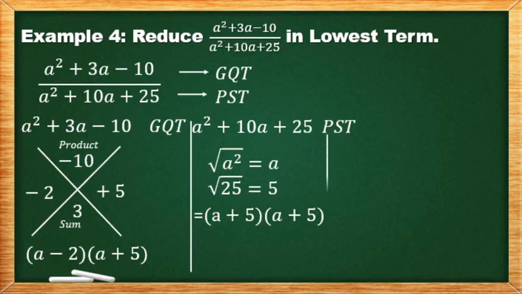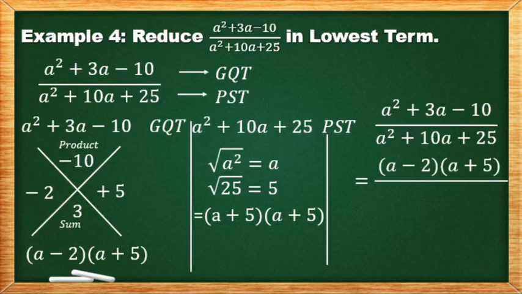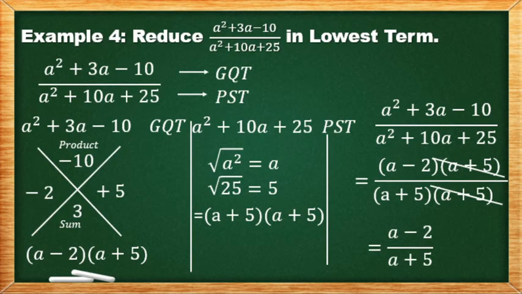Okay. Final solution, a squared plus 3a minus 10 all over a squared plus 10a plus 25. Palitan lang natin ng mga factors nila. Ayan. Okay. May magkaparehas ba? Yes, the a plus 5. May parehas silang factor, so makakancel. Ano natira? A minus 2 all over a plus 5.